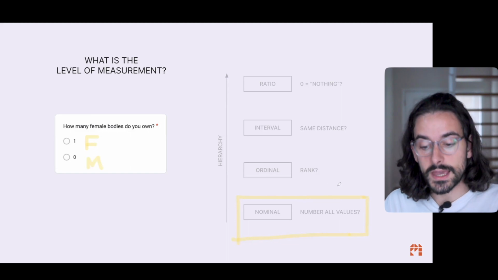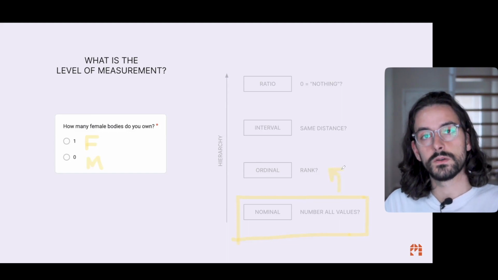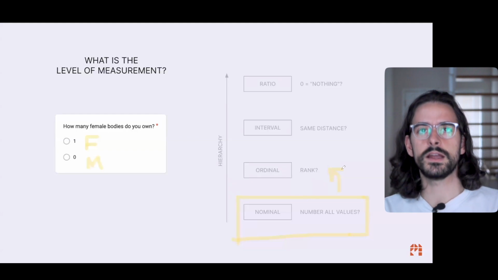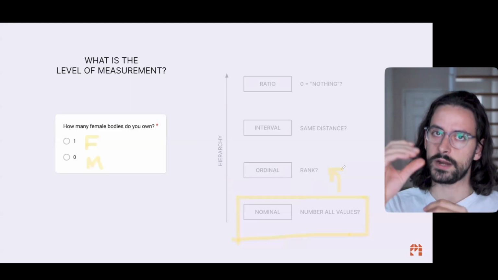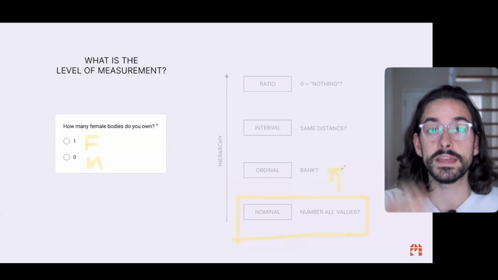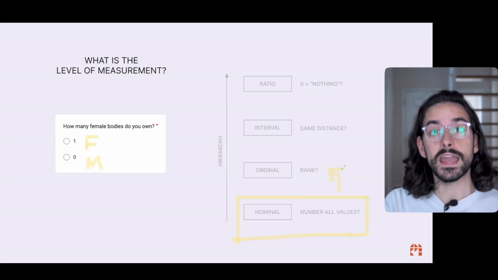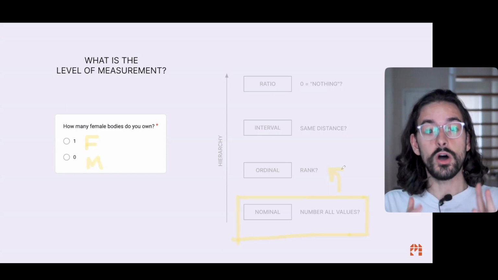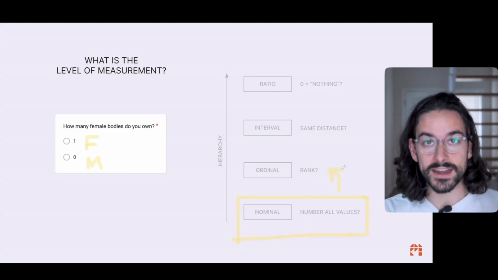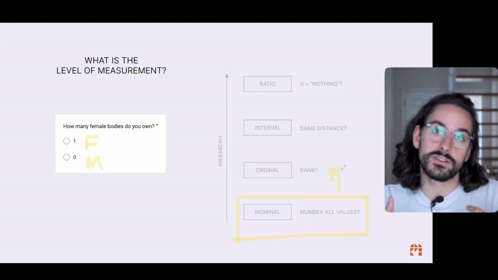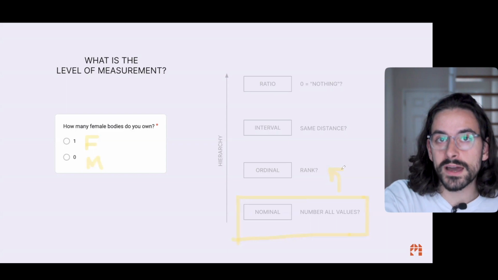That works. Can we rank them? Well, there's nothing inherent about biological sex that makes you rank, like male being higher than female. But in this case, we're playing a little game. We're playing a little competition called who has the most female bodies? And in this competition, the rule is that if you have more female bodies, you win.